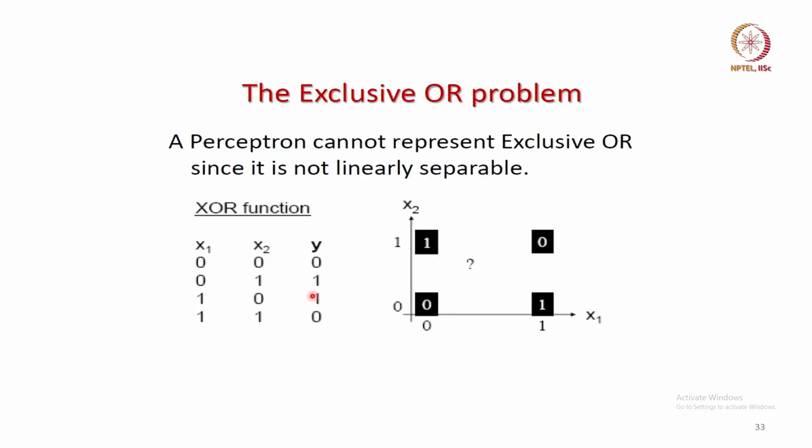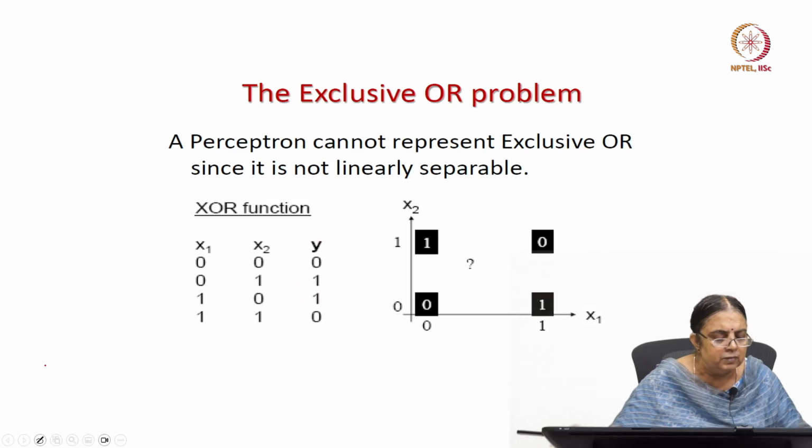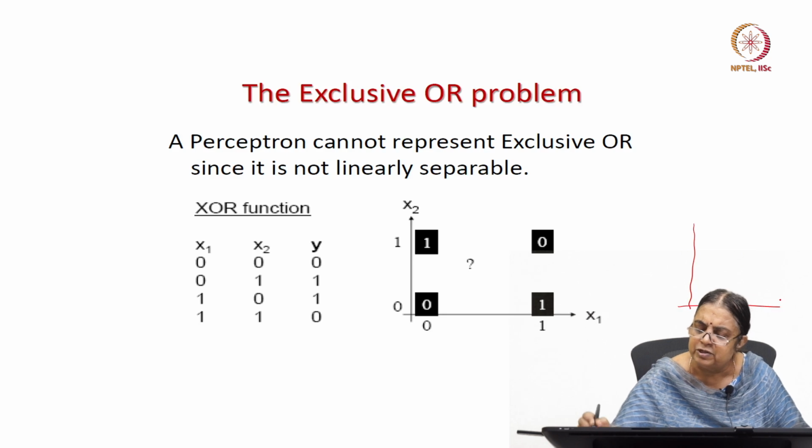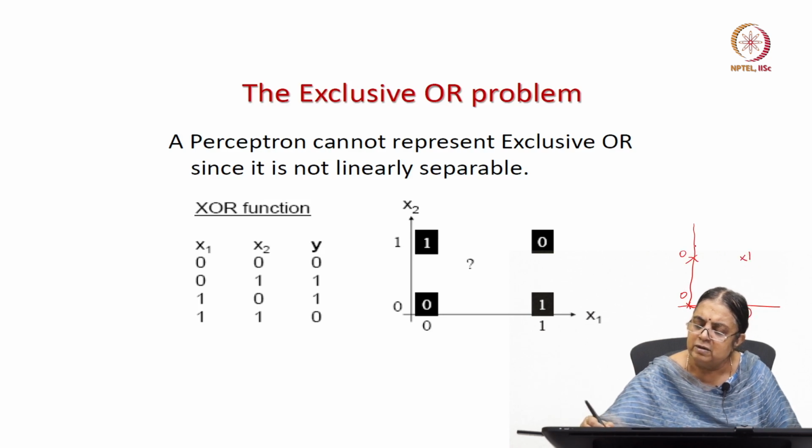If we have something which is linearly separable, for example, this value having 0, this value having 0, and this value having 0, and this having 1, then it can be separated by a linear separator like this.